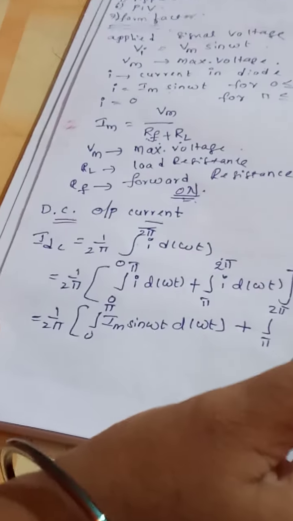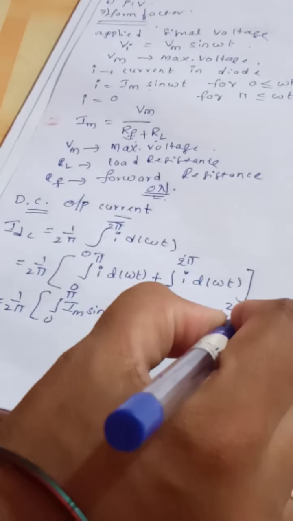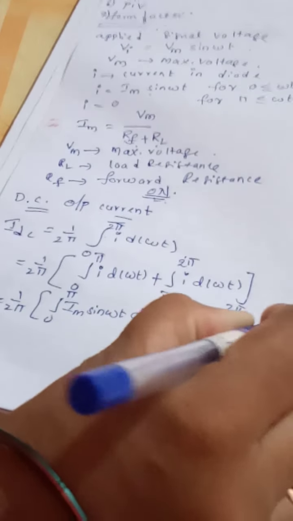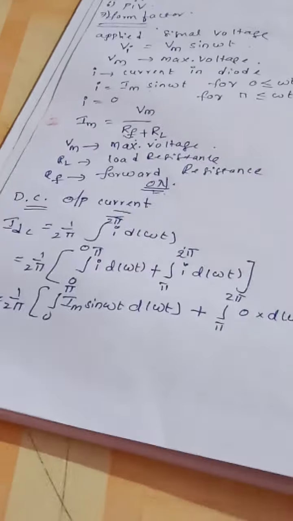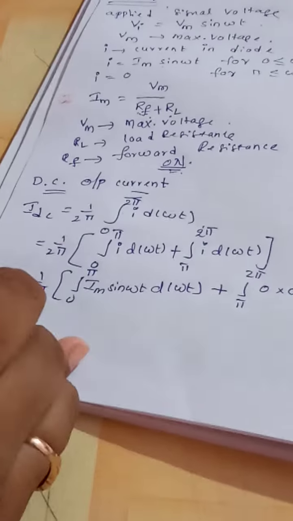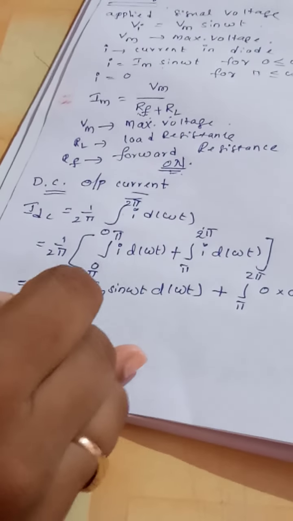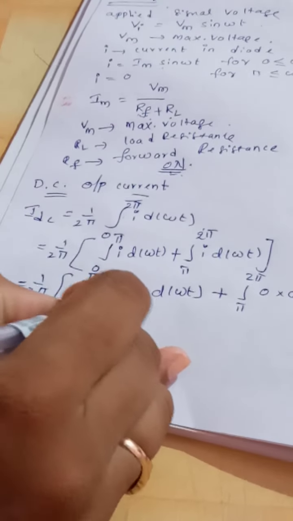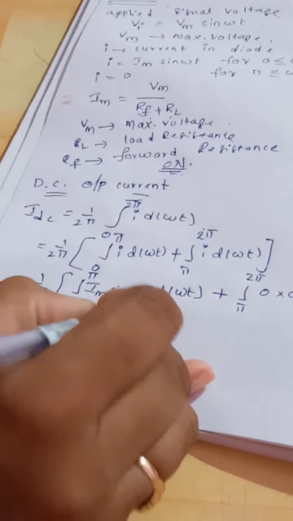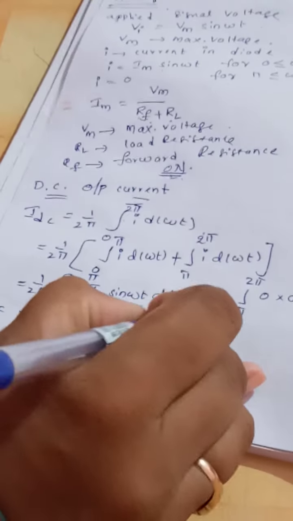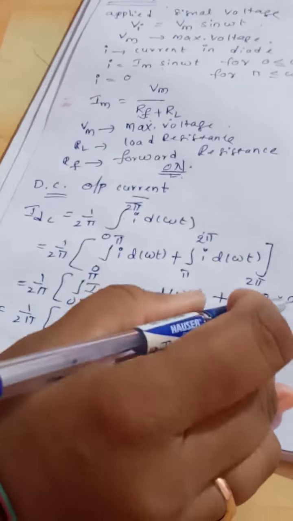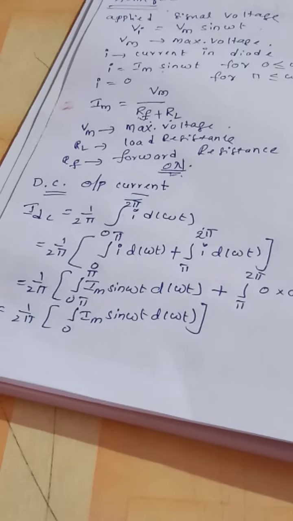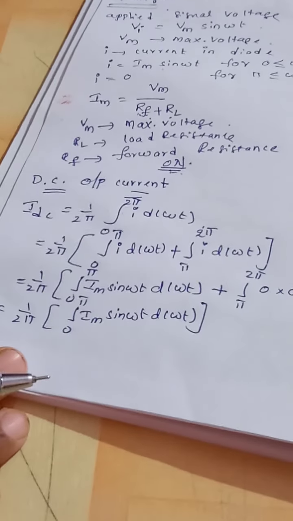For the negative cycle we are not having any current, so 0 times d(omega t). So that is equal to 1 by 2 pi integral 0 to pi Im sin omega t d(omega t) plus 0. 0 into something is 0.